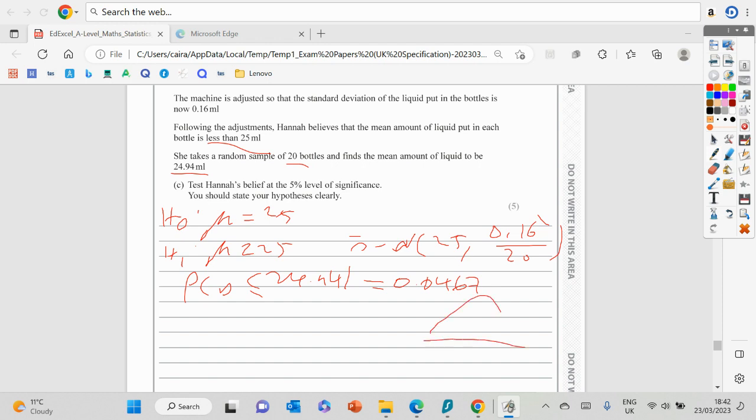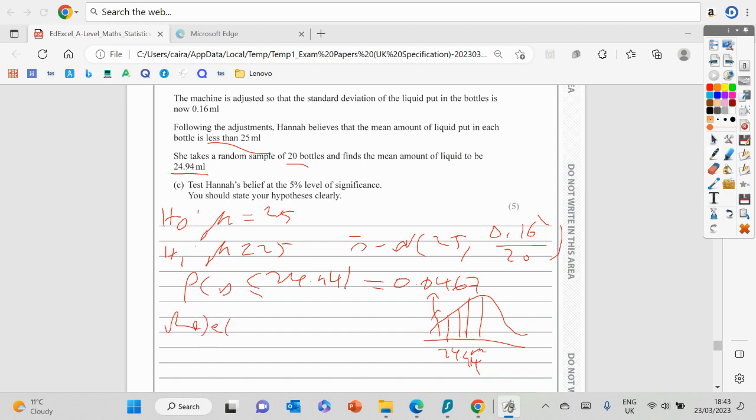However, if we draw a quick normal distribution, our mean is here, this is mu. We got 24.94, which is just about here. 0.046 is this bit here, that's what that is. And 0.05 is just over that boundary line there.